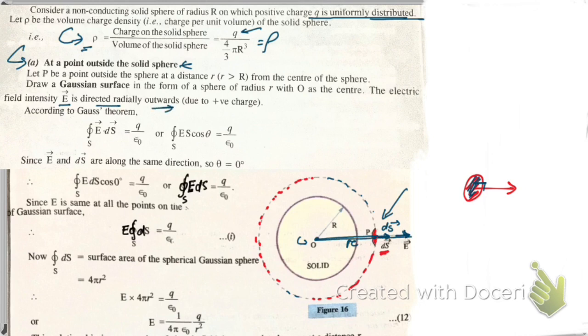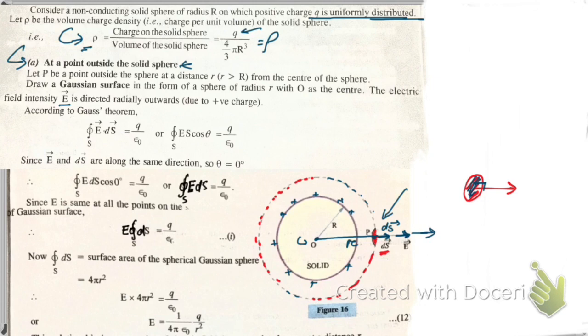This is the direction of E, radially outward, due to positive charge. We have considered that the charge Q uniformly distributed on this sphere is positive, so the field should be radially outward.